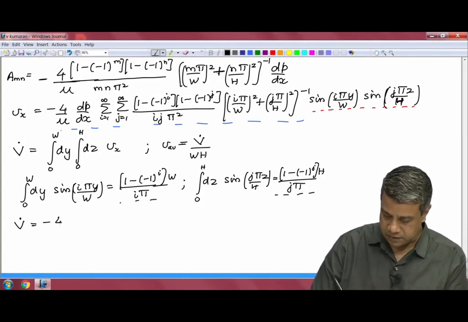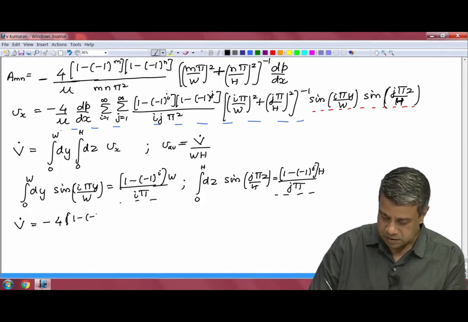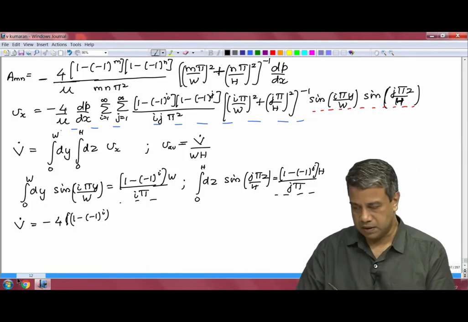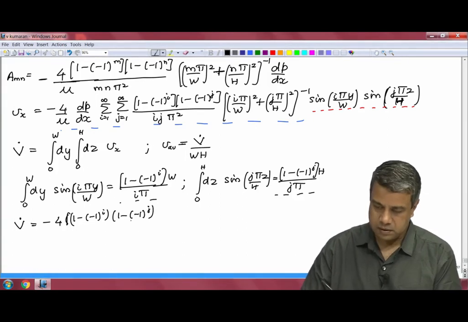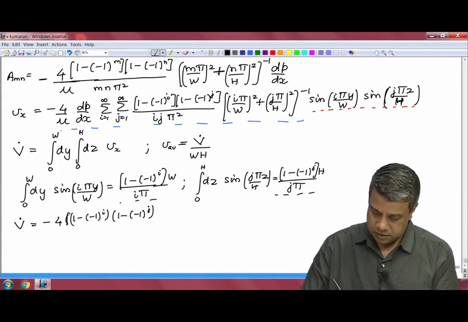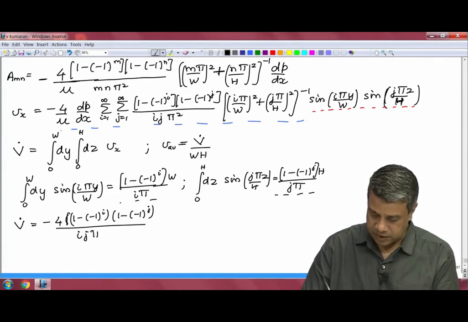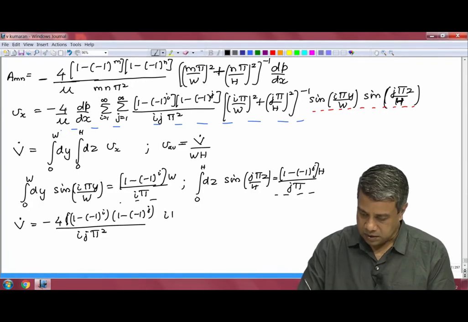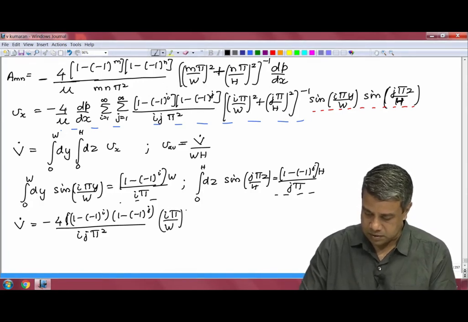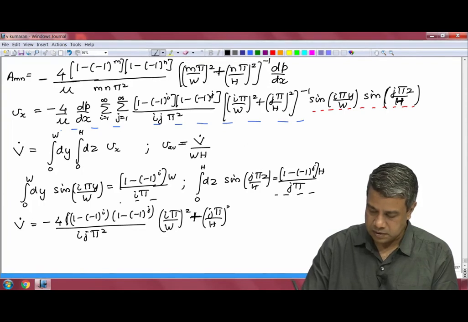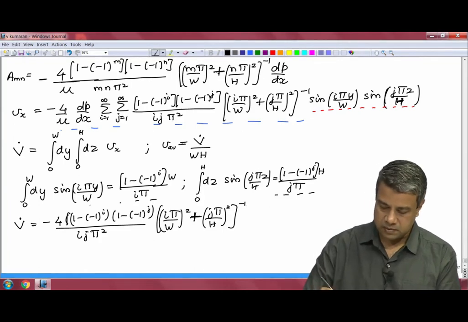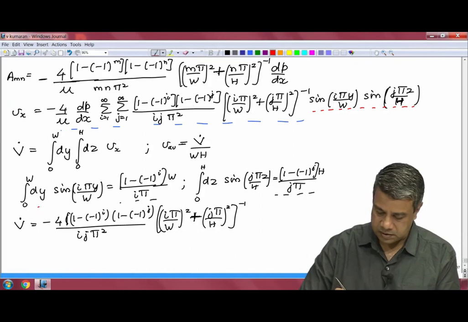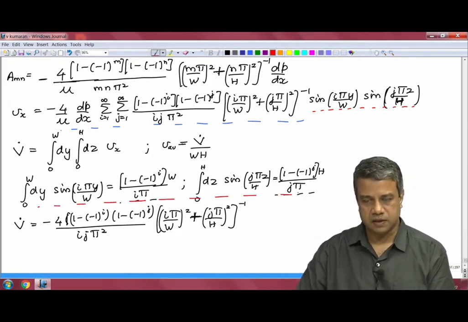This will give me minus 4 into 1 minus minus 1 power i, into 1 minus minus 1 power j, by i j pi square, into i pi by w whole square plus j pi by h the whole square, whole inverse, into the product of these two integrals.